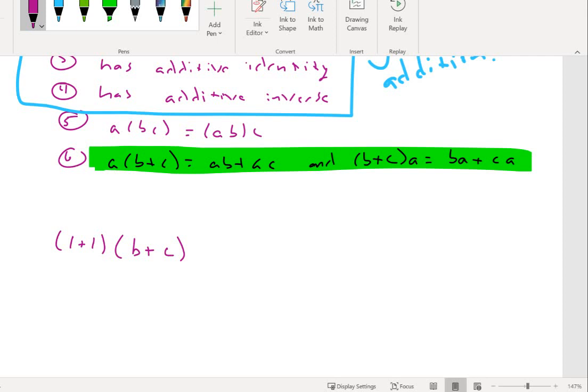Let's just think about using the distributive property. Now, I have an additive identity, stuff like that, so I know I have a 1 that I can add to a 1.